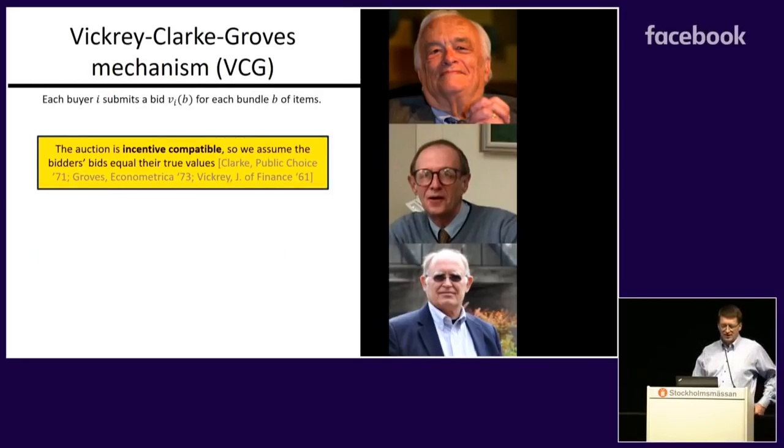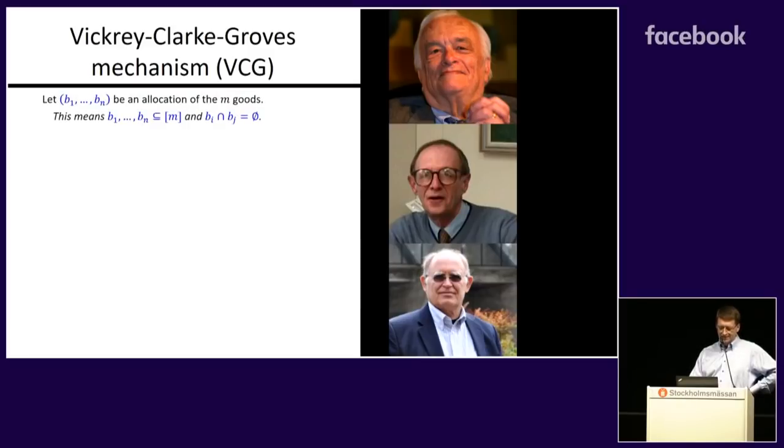How it works: first, each bidder submits a bid for each bundle of items. There has been quite a bit of work on how to make this step simpler with more sophisticated structured bidding languages and preference elicitation techniques and so on, but we are not going to talk about that in this tutorial. So don't worry about that complexity now, just say that everybody bids on every bundle. Now the notation is that there's an allocation of M goods where B_i is the bundle of goods that bidder i gets.